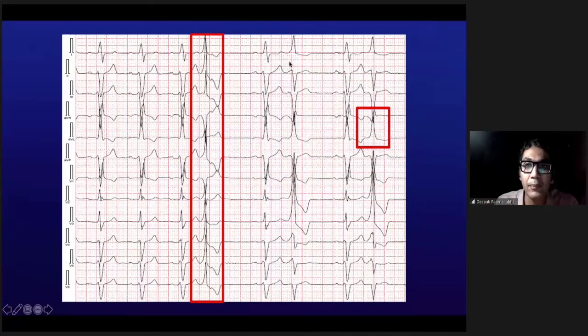You can actually make out the slur in the PVC beat, which contributes to an origin within the muscle, close to the conduction system, then taking the highway into the conduction system, thereby giving you a rapid slew thereafter.